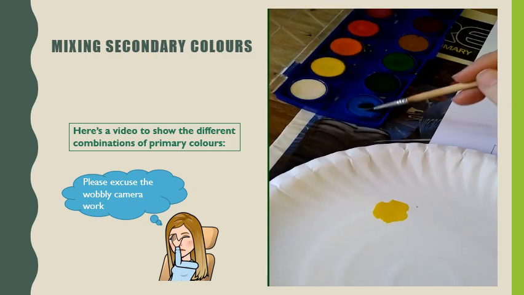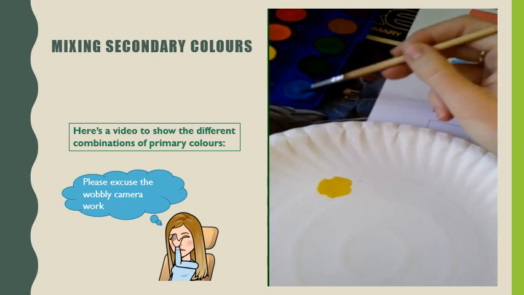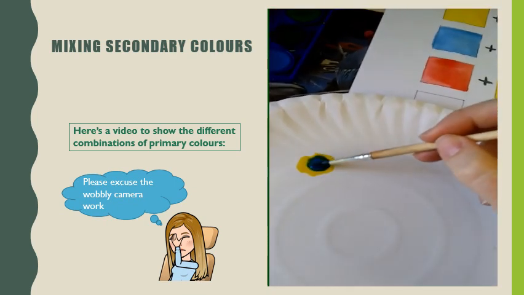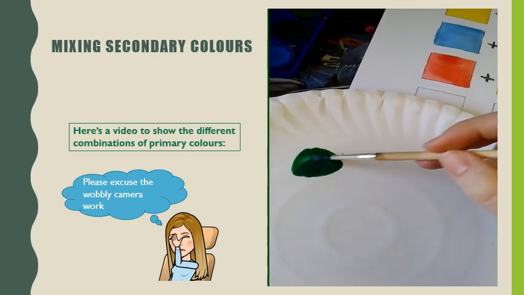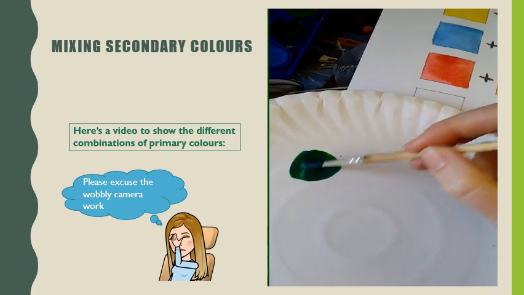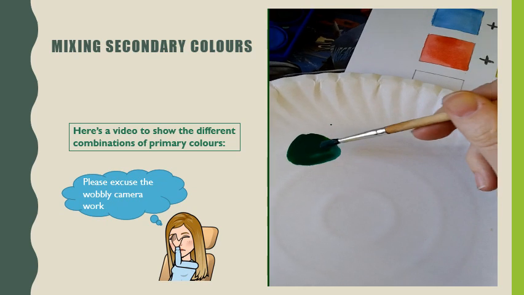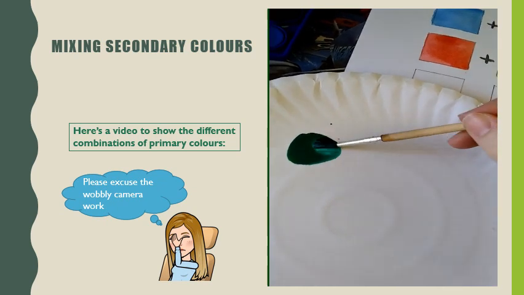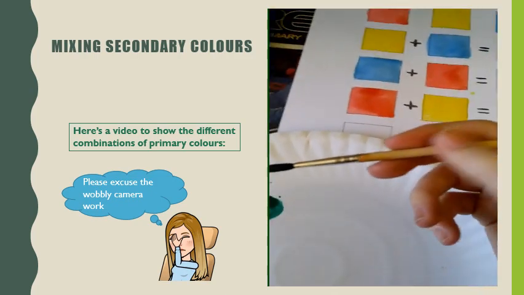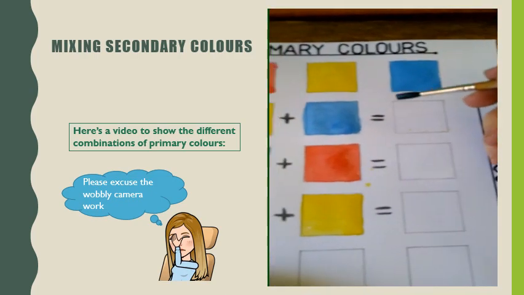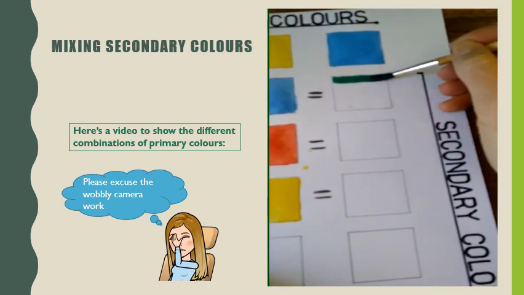Get some blue. And combine the two. I've used quite a lot of blue, so it's going to make quite a dark green. And it's actually like a very blue-green type of color. So if we paint that over here, we'll be able to see really nicely the different color it's made.